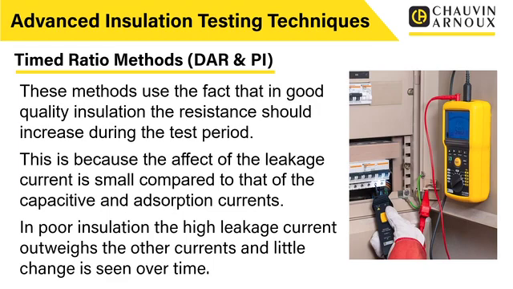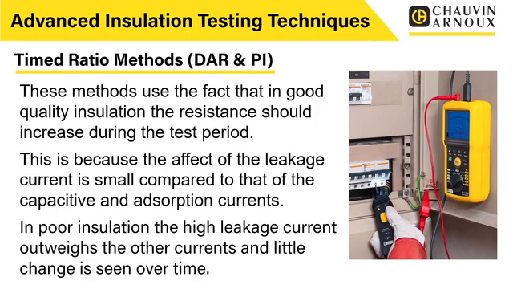Now, in poor insulation, the high leakage current outweighs the other currents, and little change is seen over time. So if you test straight away and the insulation seems to be the same value all the way through, that's generally because you've got a very high leakage current, and you can't really see the effect of the capacitive and absorption currents because they're so small compared to the size of that high leakage current.